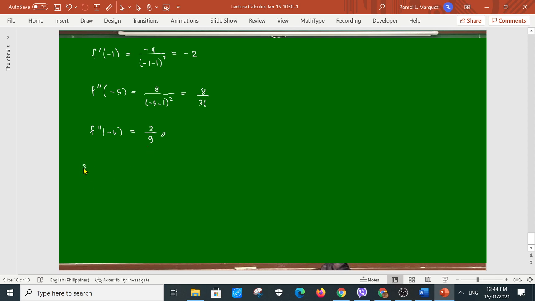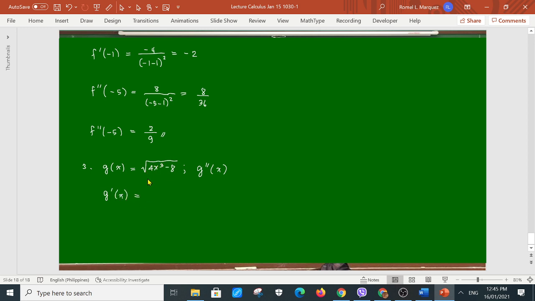Last one, number 3. If you have g of x equal to, but not all the time in terms of x, ha? You can differentiate relative to another variable if x is not the one given. Let's have the square root of 4x cubed minus 8. What is the second derivative of g? First, the first derivative.